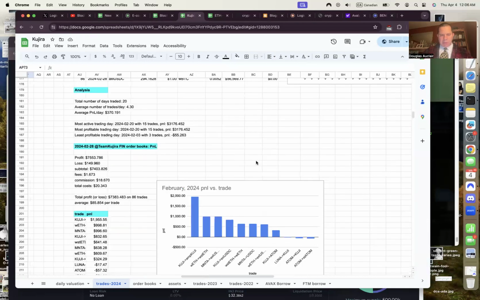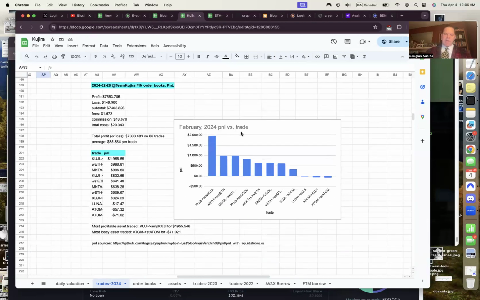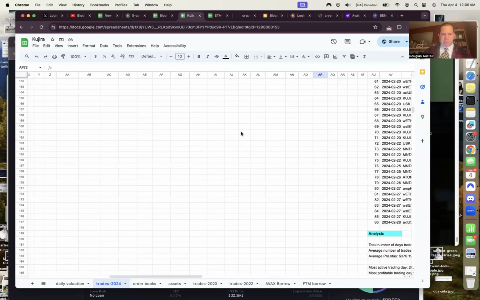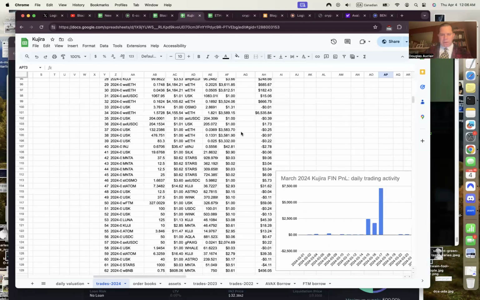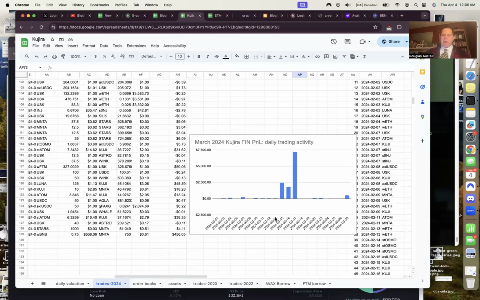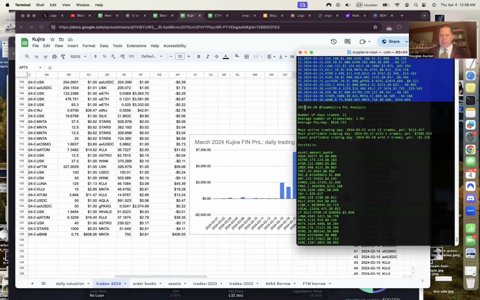Let's also do profit and loss versus trade before we do that. So here we go. We've got the profit and loss per day from these data, okay? But we have more information in my report. So let's capture this information.